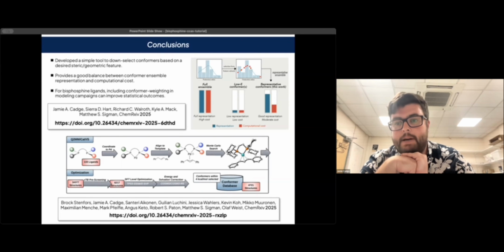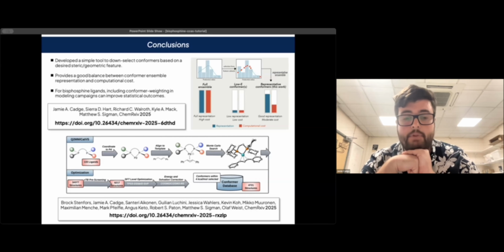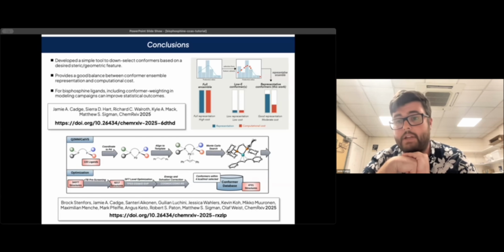The min and the max end up being very similar to the Boltzmann in most cases. The min and max really matter when you're looking at steric features, like buried volumes. The Science paper on Kraken with Abby and Matt, which demonstrates that with monophosphine ligands, is a perfect example of where these different min and max features can make a difference.